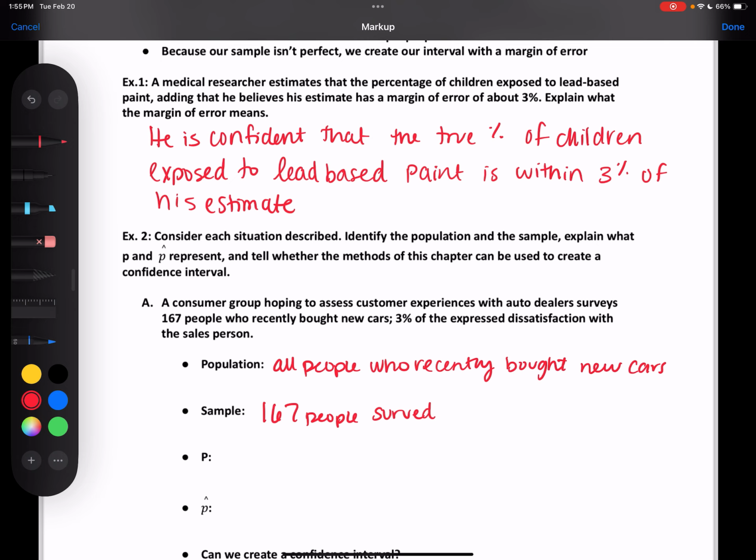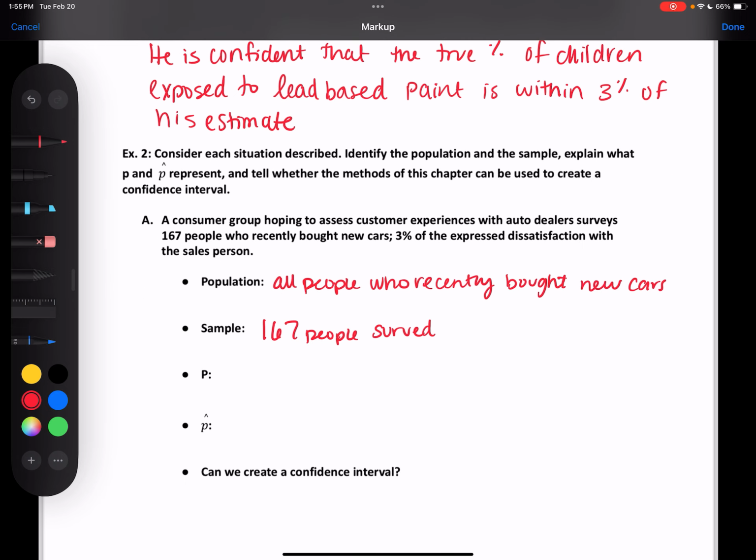So p is going to be the true percentage of all people who recently bought cars who are satisfied.